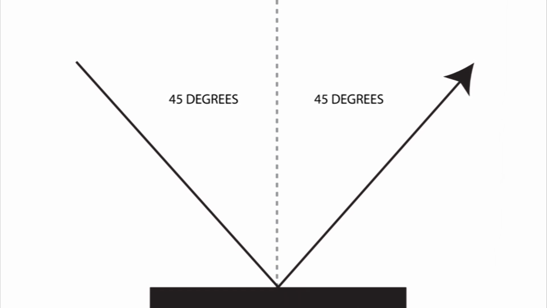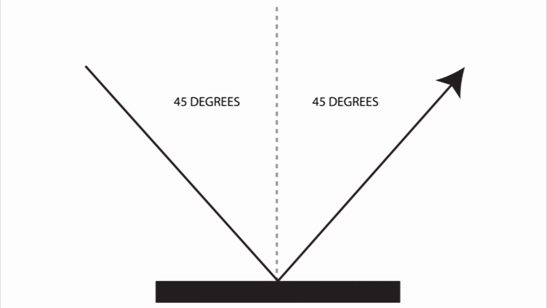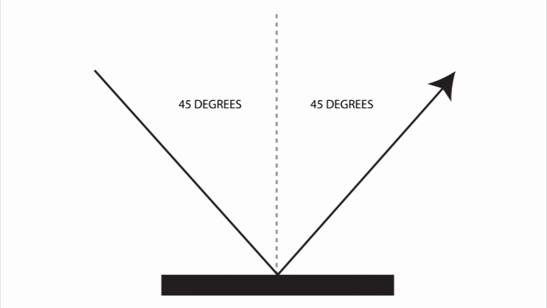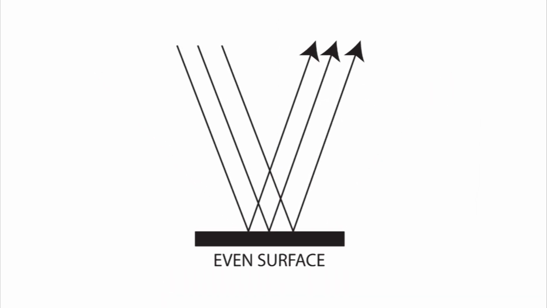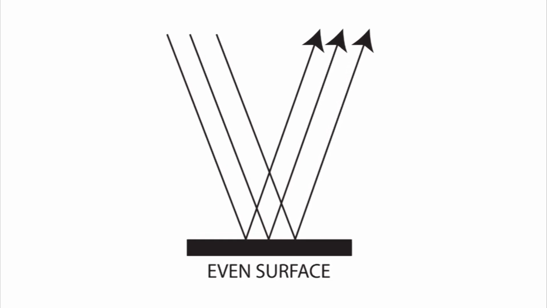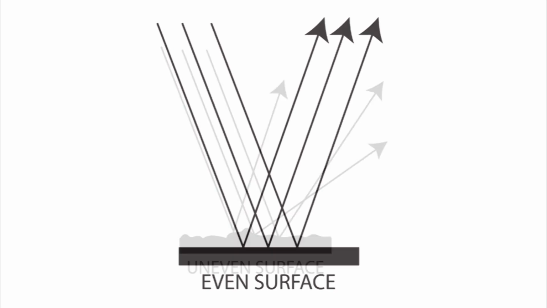The angle of incidence is 45 degrees. In order to be struck by the bounced light from the mirror, you would have to stand at an equal 45 degrees to the right of the mirror. With a mirror and other shiny surfaces, like people's eyes, the surfaces are very uniform, and the light is reflected from them without much distortion.